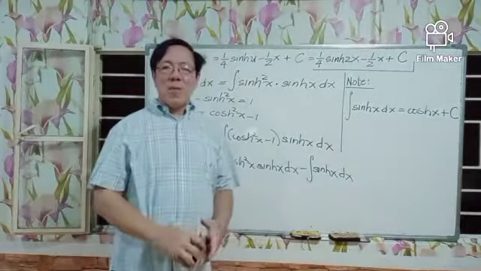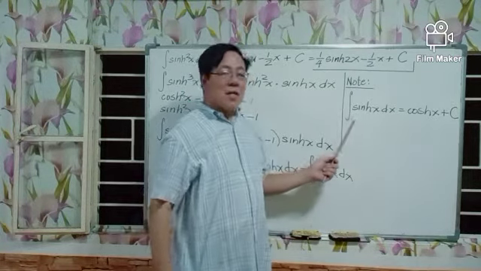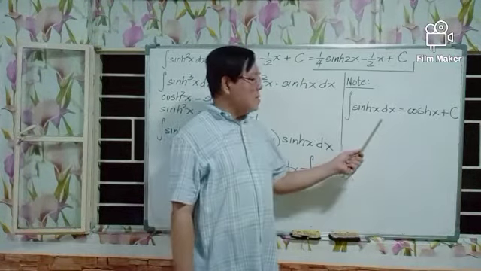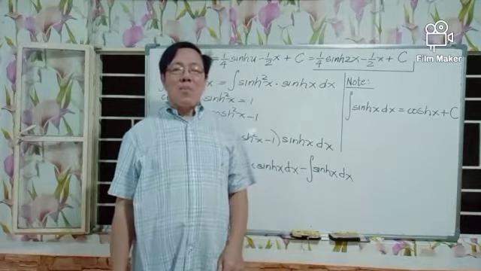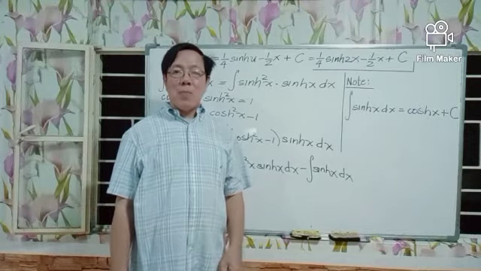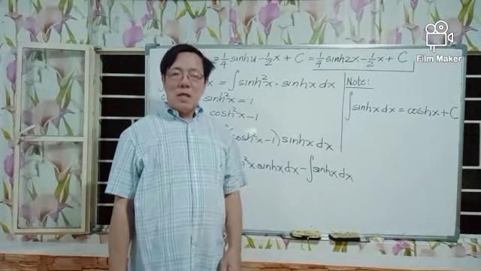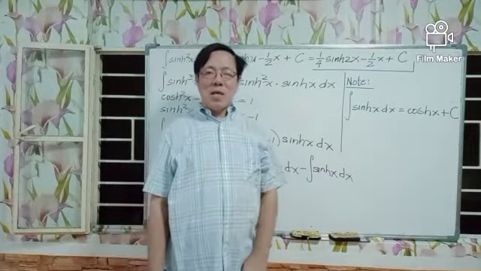This is one of the formulas for the integrals of hyperbolic functions. The integral of hyperbolic sine of x with respect to x is equal to hyperbolic cosine of x plus a constant of integration c. Earlier we had the integral of hyperbolic cosine of x is equal to hyperbolic sine of x plus a constant of integration c.